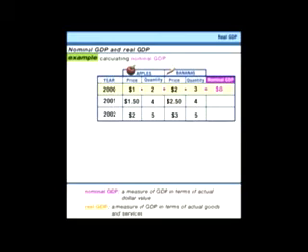So to calculate the gross domestic product, $1.50 per apple times 4 apples gives us a total of $6 spent on apples, and $2.50 per banana times 4 bananas purchased gives us a total of $10 on bananas. 10 plus 6 is $16. That's the gross domestic product in the year 2001.